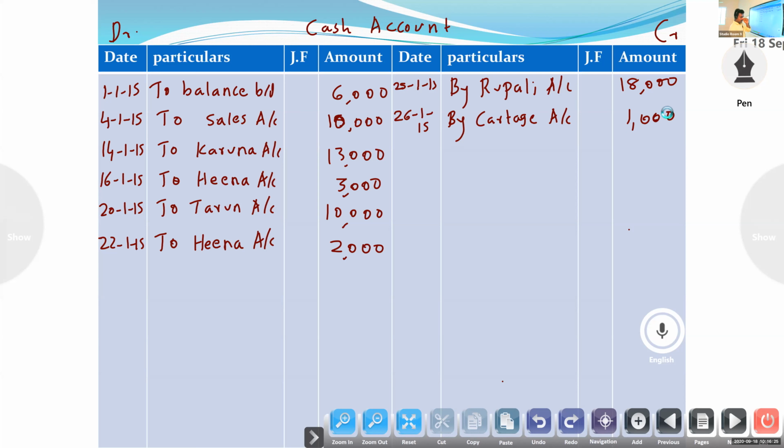Next, after 26th, yes, by salary. 27th, by salary account. Amount 8,000.